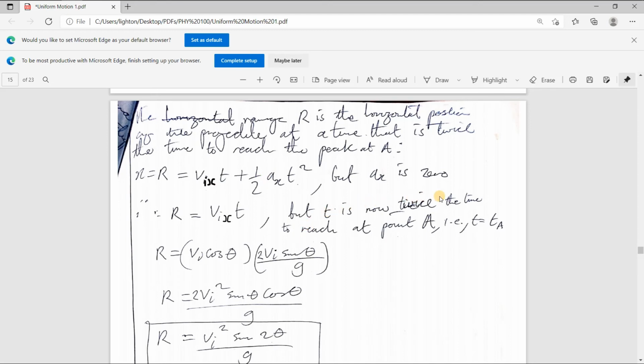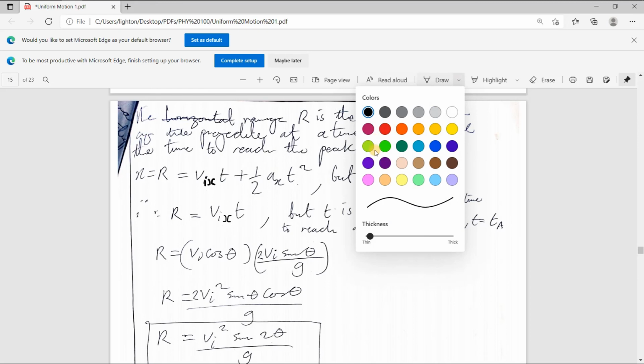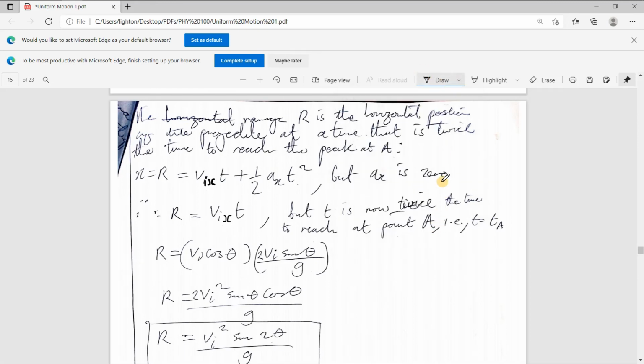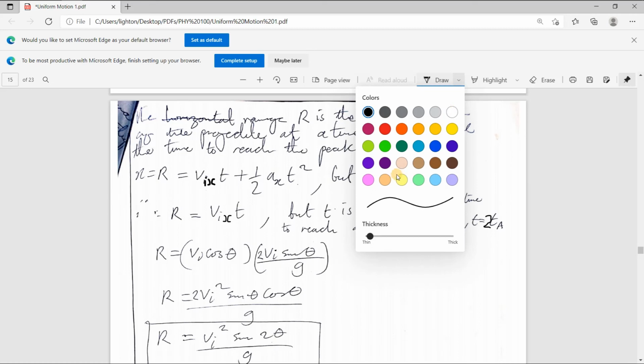But t is now twice the time to reach at point A. That is, t is equal to 2 t a. Yeah, this should be 2 t a. So this t must be equal to 2 t a, twice t a, like that. My t is not looking good enough, but let's do this and we can do it again.